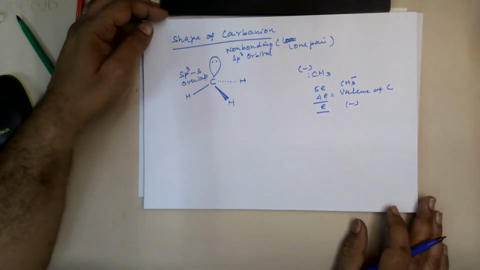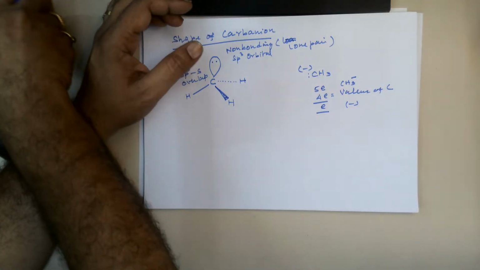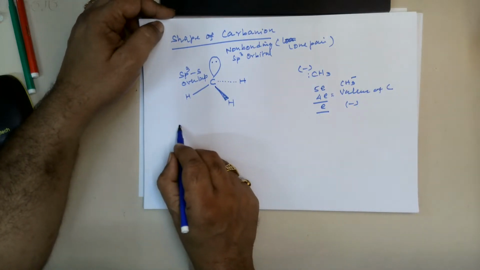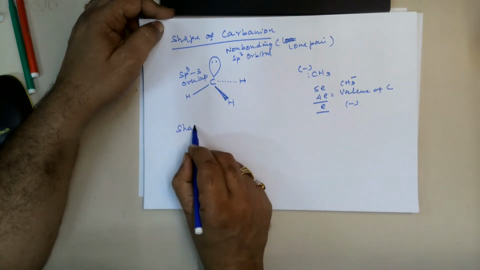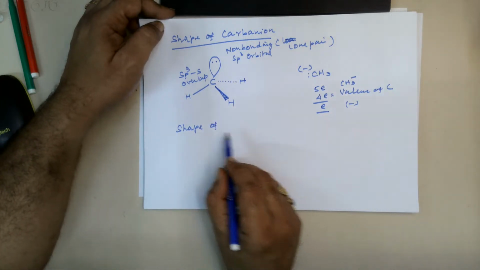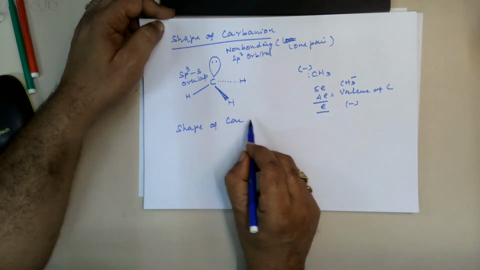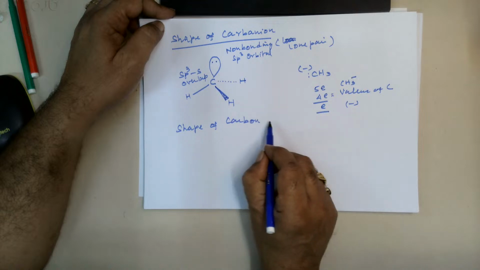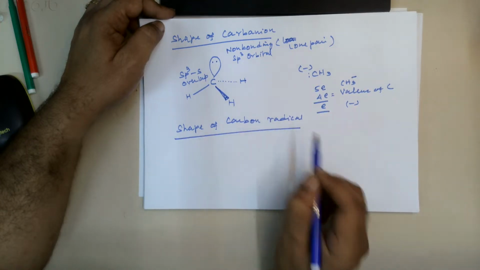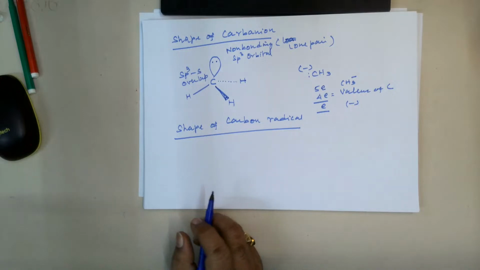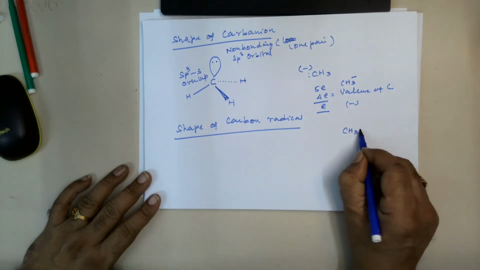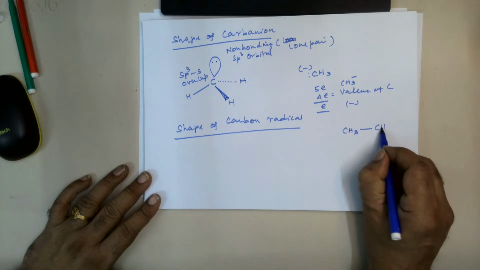And then we were talking about the radical. Take down the shape of carbon radical. So carbon radical means, for example, CH3 bond CH3.